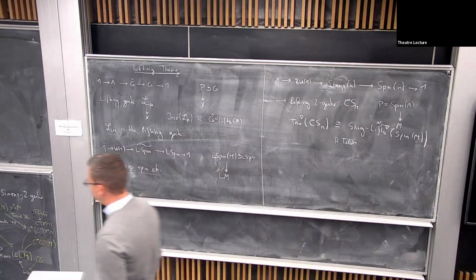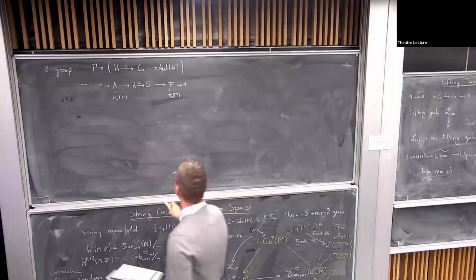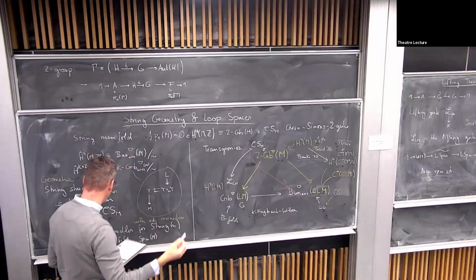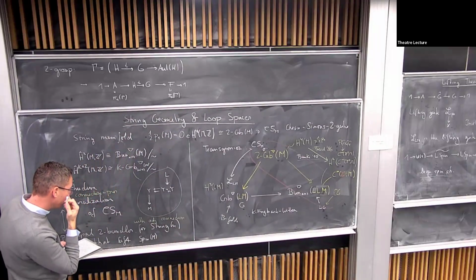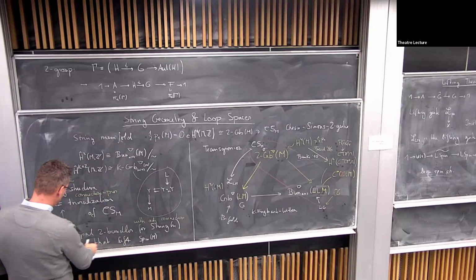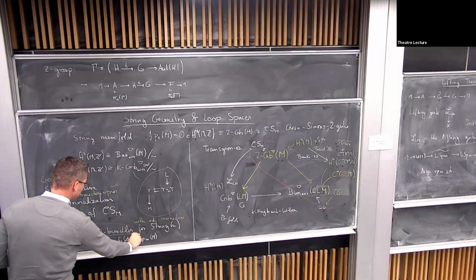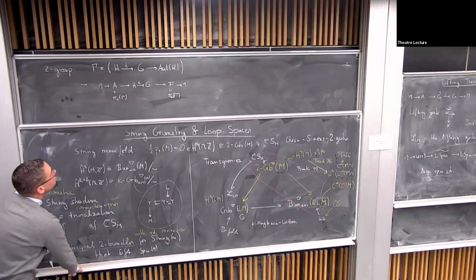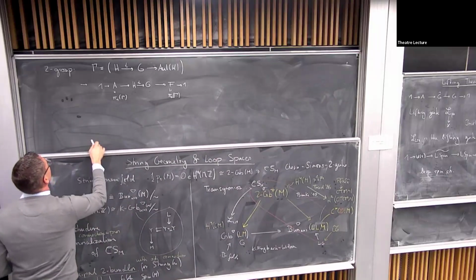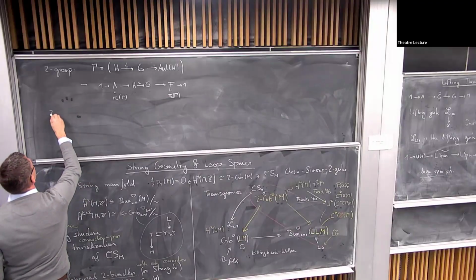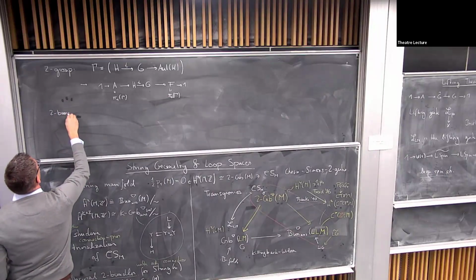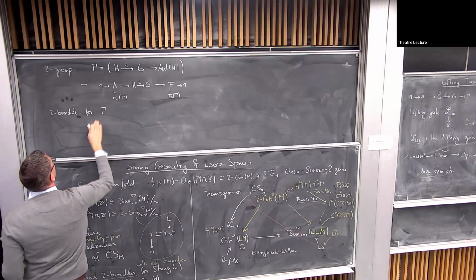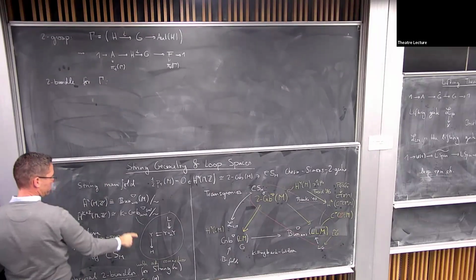And it will look like one of these bundle gerbes, because due to Vanius' work long ago, we can present principal 2-bundles by non-abelian bundle gerbes. So how does such a non-abelian bundle gerbe look? I just call it a 2-bundle for such a 2-group Gamma. And the picture is almost the same.